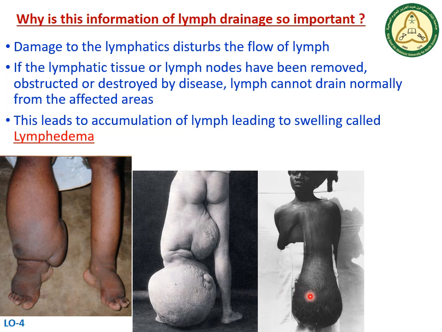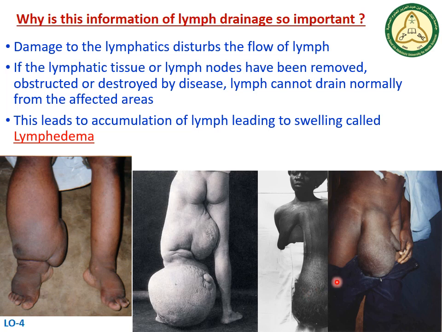Similarly, in the breast, sometimes if the lymphatic ducts are blocked, the breasts swell and become heavy. Similarly, on the male side, there is the penis and the scrotum. Sometimes if there is some block in the scrotal drainage, the scrotum swells like a balloon and becomes very much enlarged.